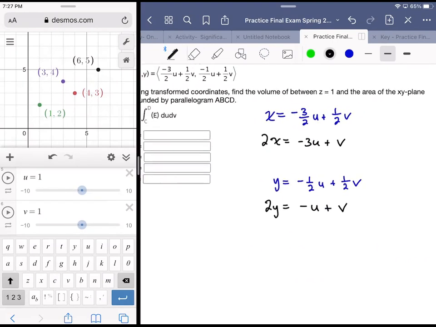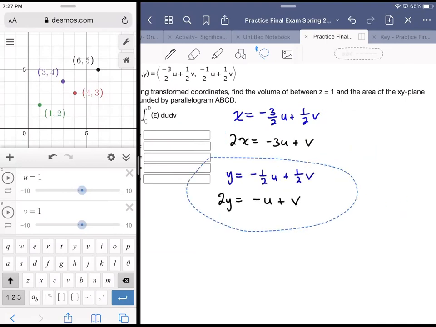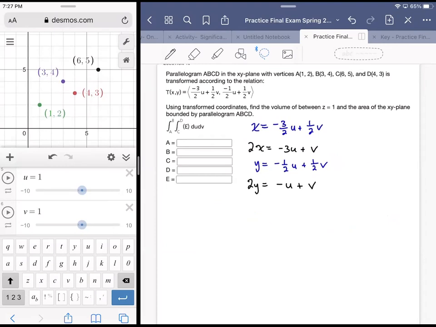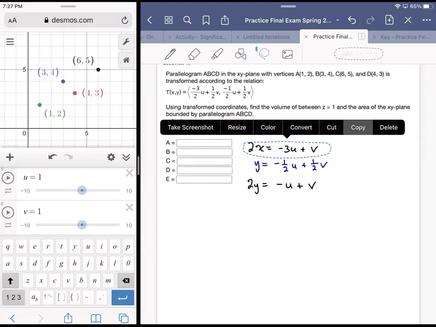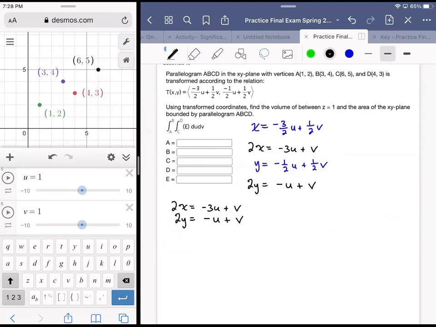All right, so pull this over here. What we can do is use some elimination to help us get that relationship. Let me grab this and this. And I'm going to multiply my second equation by a -1.